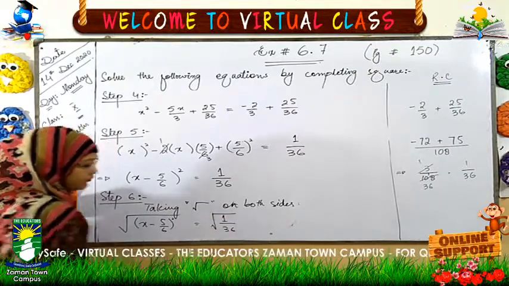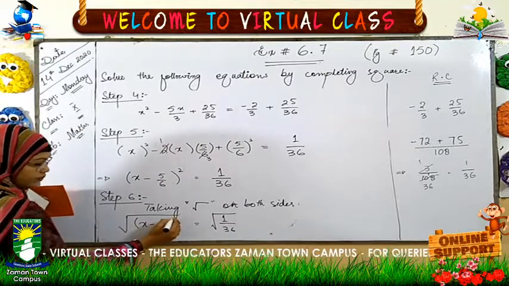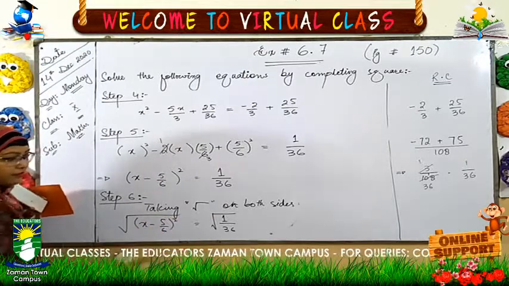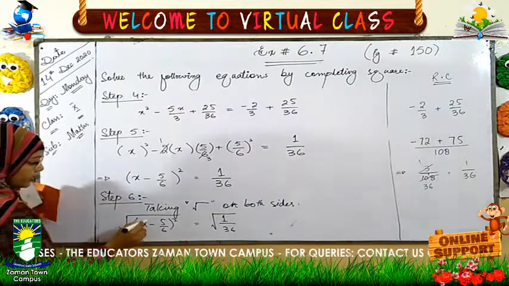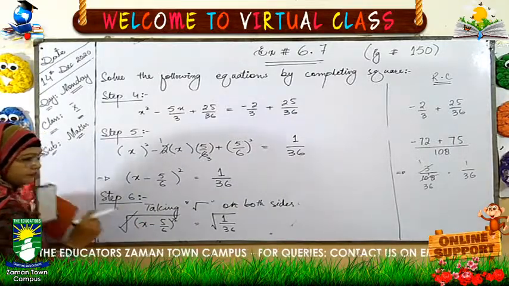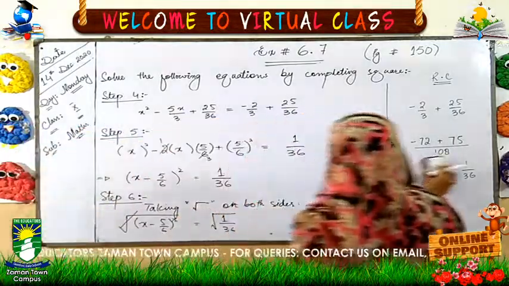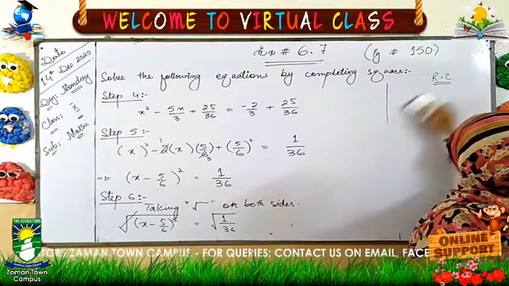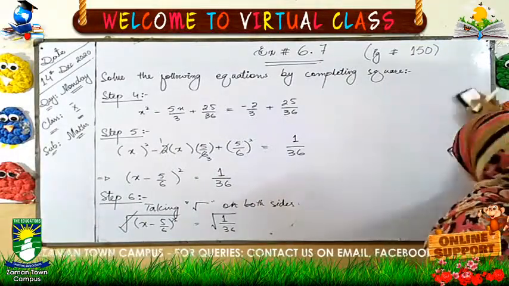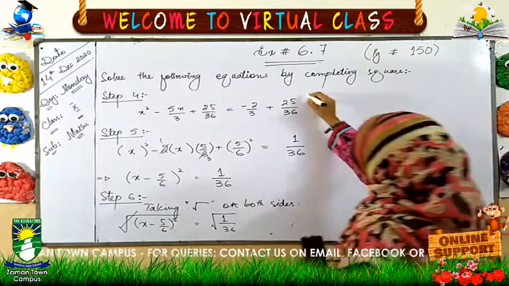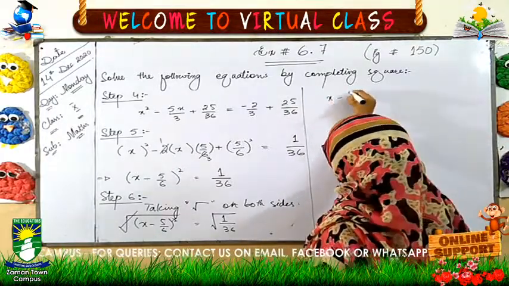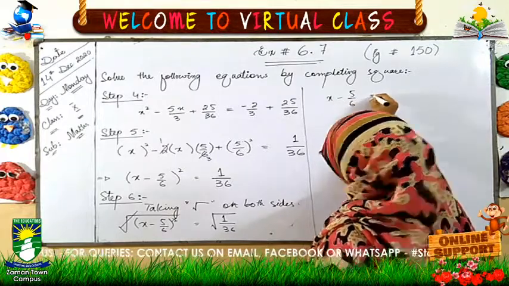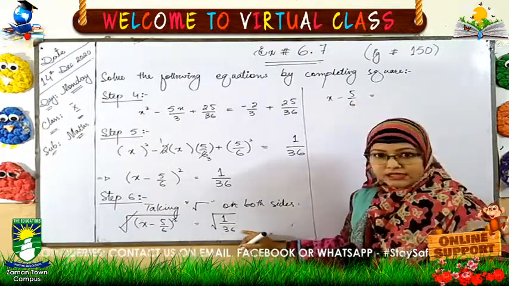Now we have to simplify and find the solution set for x. The square and root will cancel: x minus 5 upon 6 is equal to root of 1 upon 36.